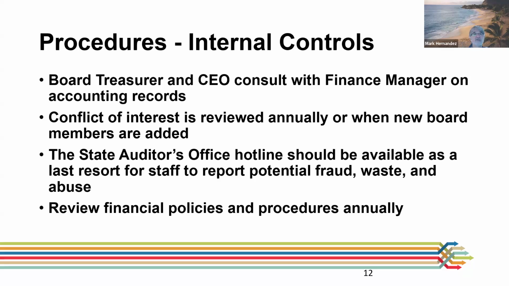And then within the internal controls section for your procedures financially, you should have a place where the staff will know that if they can't get things cured by either their supervisor, the management team, or the CEO, that they can go to the next step, which would be the board. And if it's not taken care of in that situation, then there's always the part that you can go to the state auditor's office.